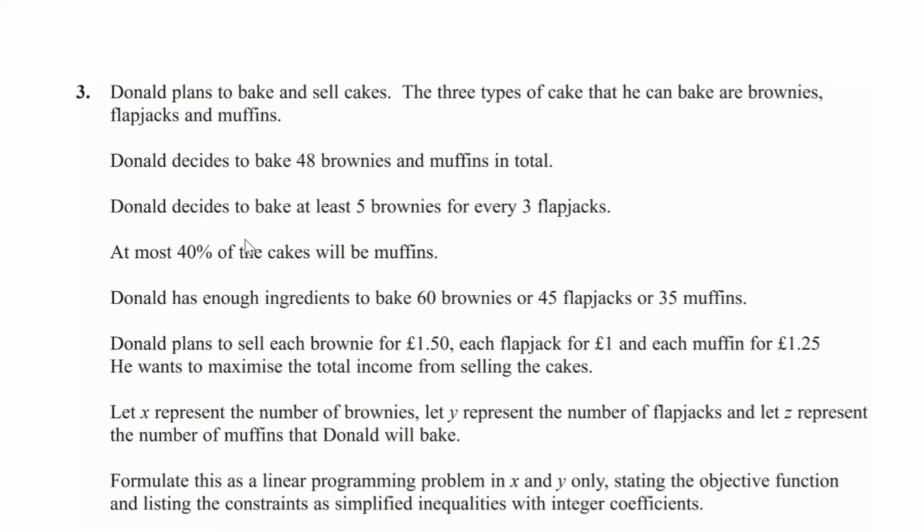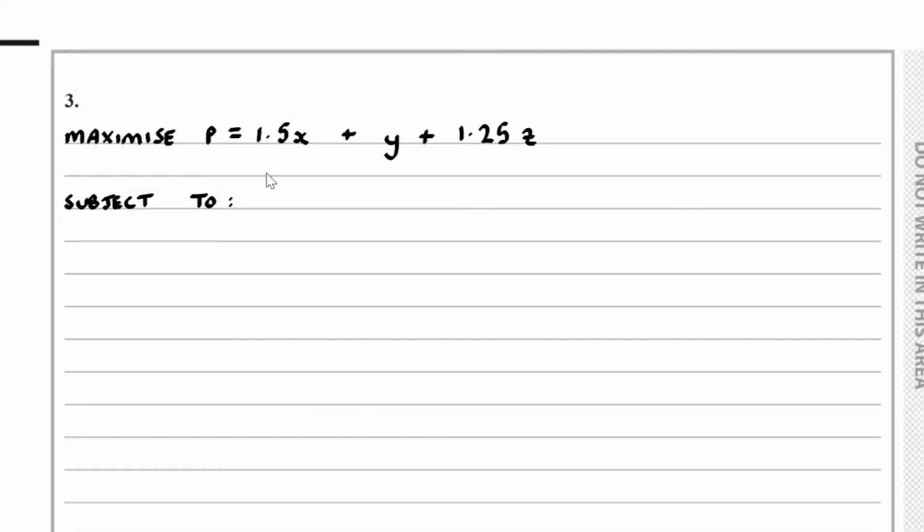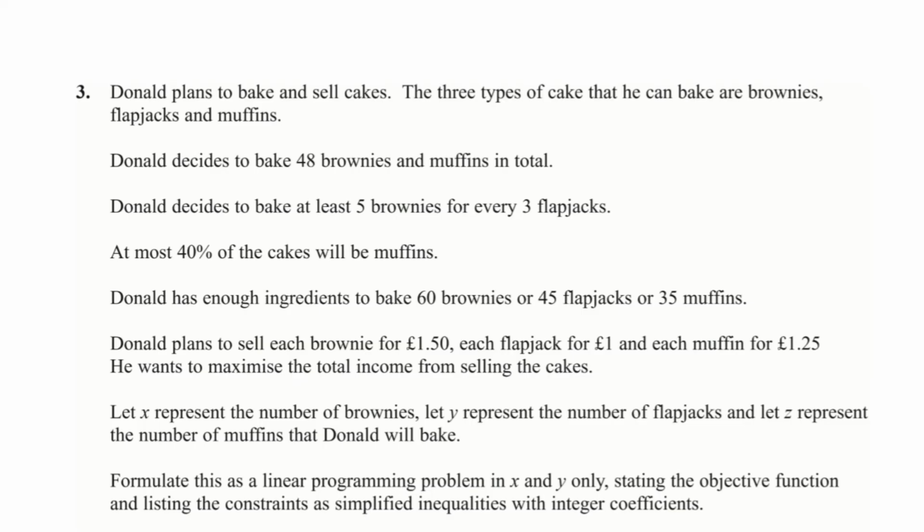Now if I go back to the question, we've got 48 brownies and muffins in total. Brownies is x, muffins is z. So the first thing we have is x plus z equals 48. Next, we have to bake at least 5 brownies for every 3 flapjacks.